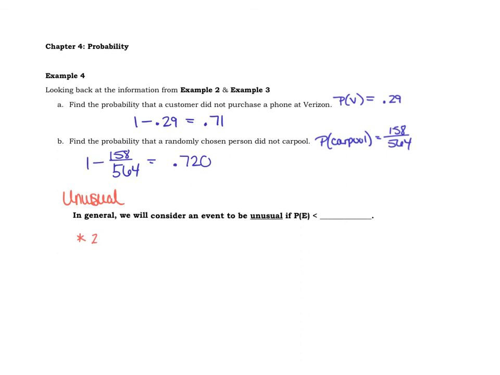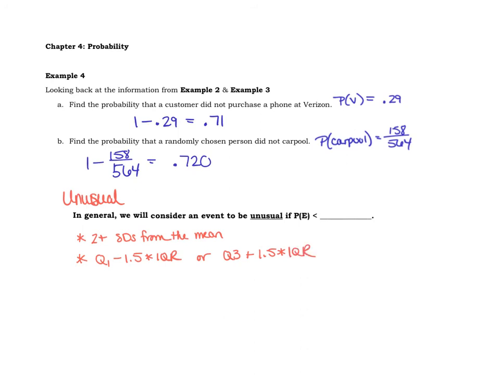I'm going to say 2 plus standard deviations from the mean. In terms of a box plot, we have Q1 minus 1.5 times the interquartile range, or Q3 plus 1.5 times the interquartile range.